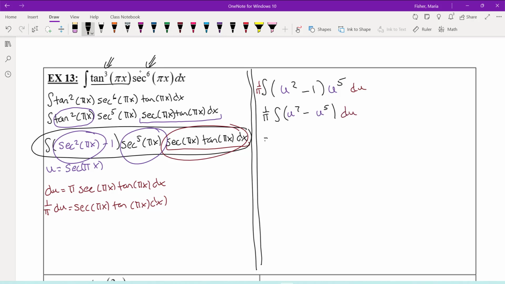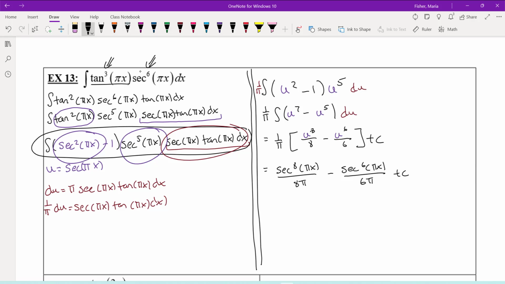Integrating, we get 1 over pi times u to the 8th over 8 minus u to the 6th over 6, and then plus c. Distributing the 1 over pi and getting out of u's and back into x's, we end up with secant to the 8th of pi x over 8 pi minus secant to the 6th of pi x over 6 pi plus c.